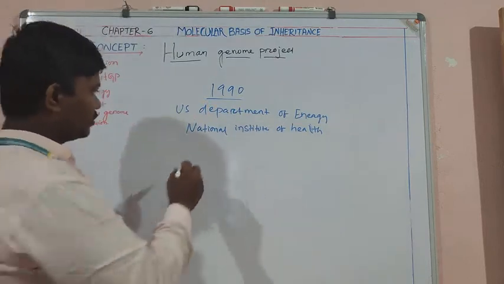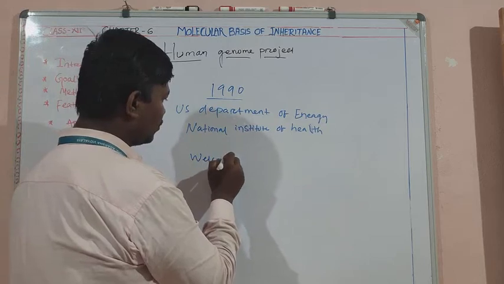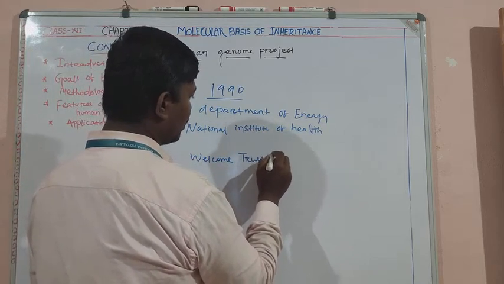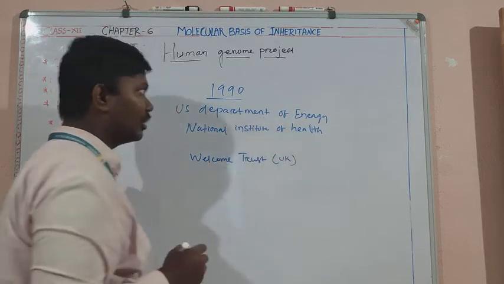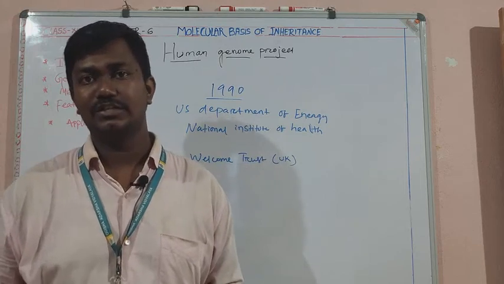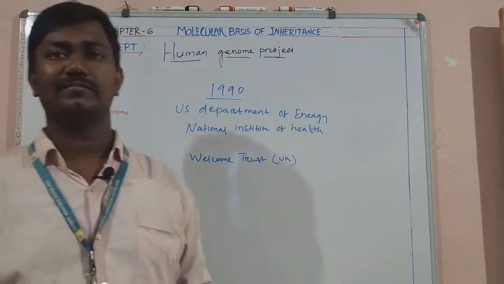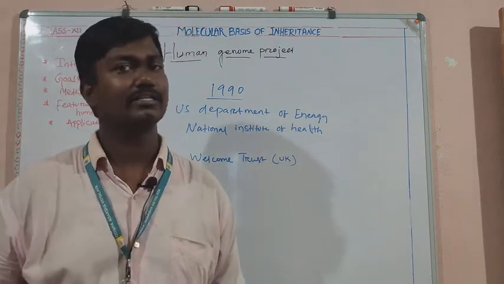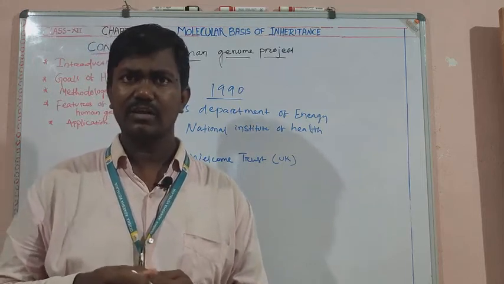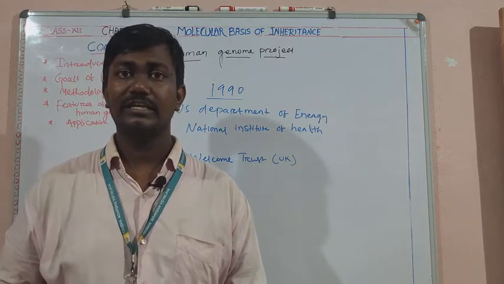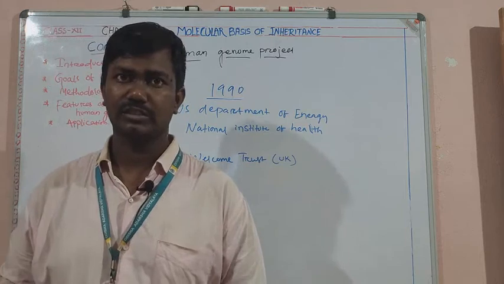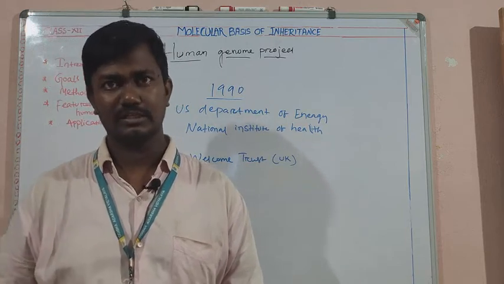Wellcome Trust of UK also joined in this project as a major partner. Later, China, Japan, France, Germany also joined in this mega project. Human Genome Project is known as a mega project because it needed a lot of money, advanced technology, advanced computers and scientists.